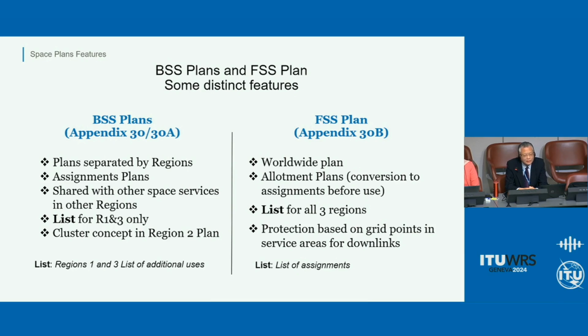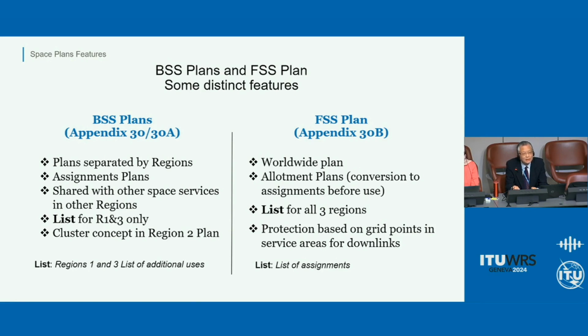Another difference is the list. The list is where modifications are recorded. For Region 1 and Region 3 in Appendix 30/30A, the modified ones will be recorded in the list.